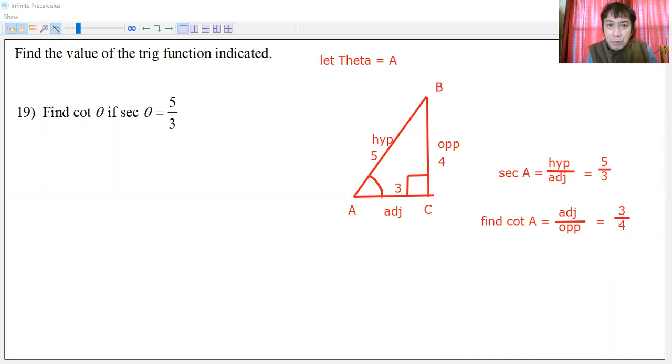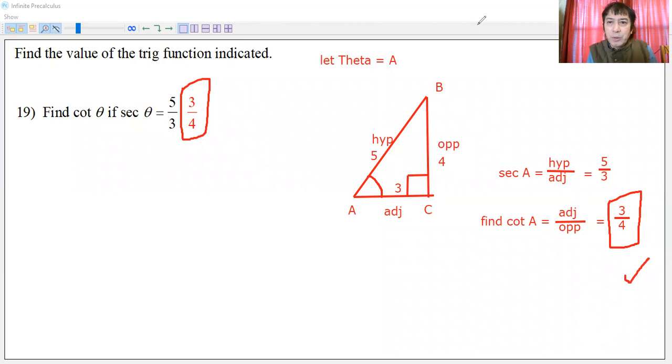It's the fraction 3/4. So this is our final answer there. We shall check and verify. Is it 3/4? Yes. At the end of the question, you can find it over here, it's 3/4, exactly what we obtained.